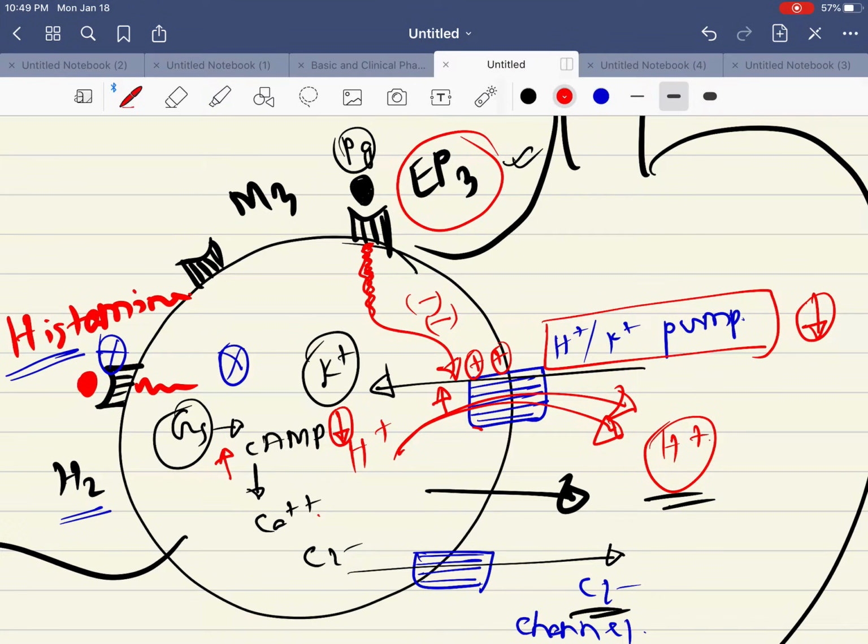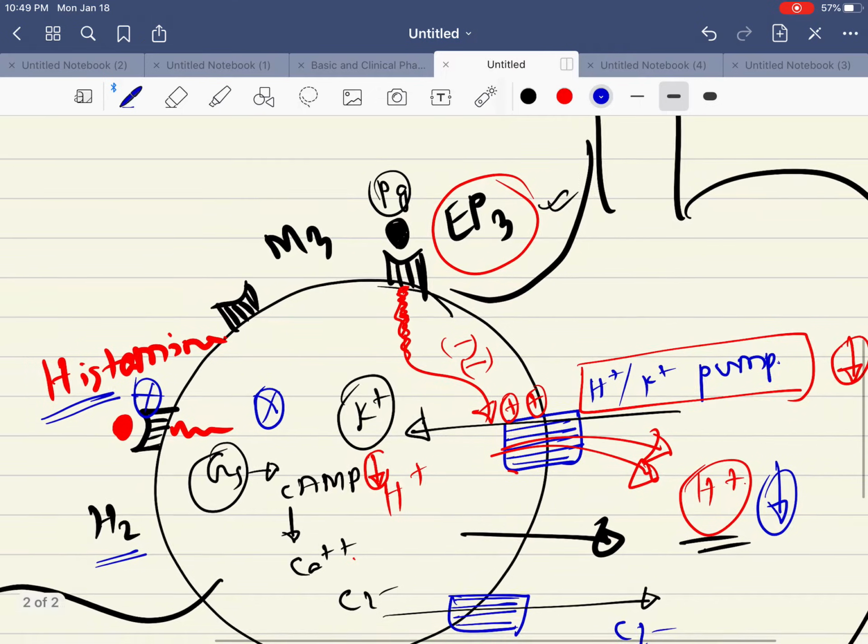So as EP3 receptors decrease the cyclic AMP, the proton pump will be suppressed, and a decreased amount of hydrogen will come out into the gastric lumen. So this is another mechanism.